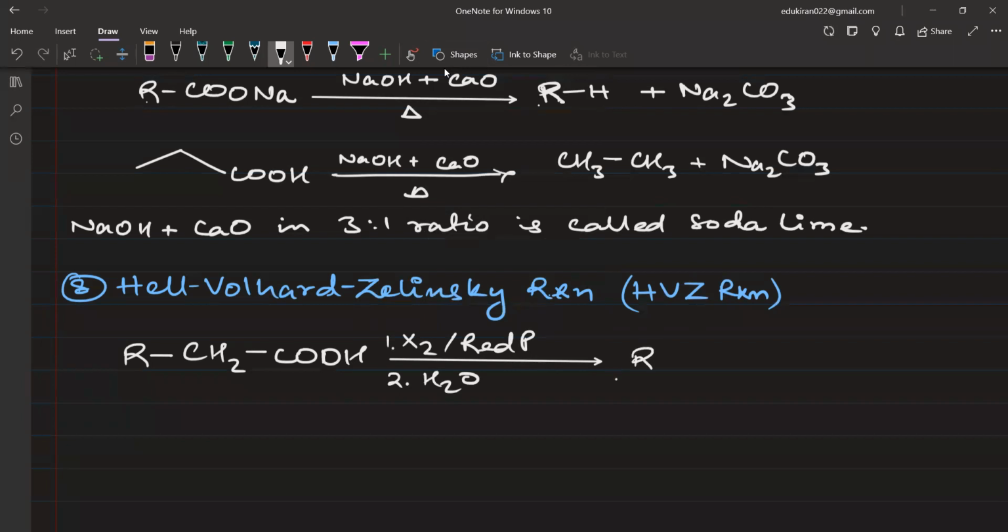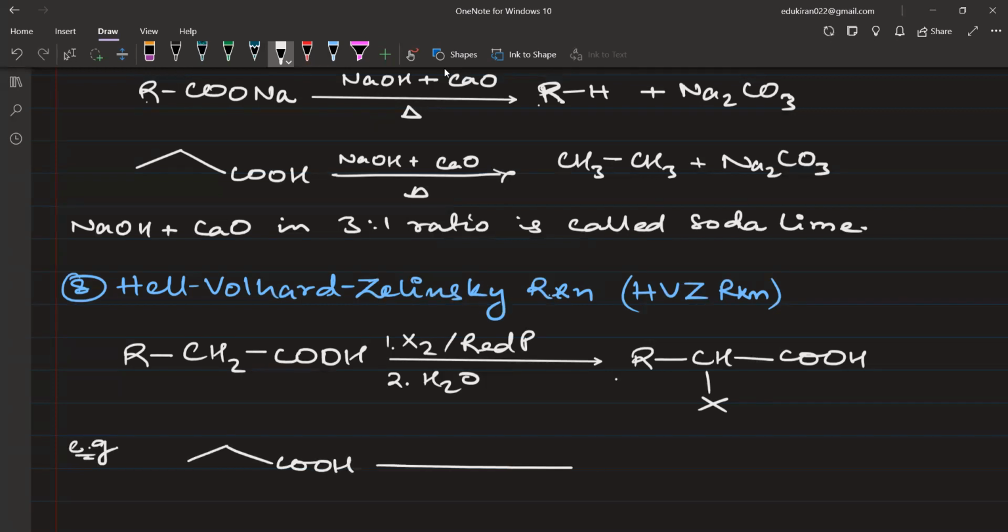You will get R. One hydrogen will be replaced by bromine. Oh, sorry. You can take any halogen, no? Bromine or chlorine, X. So for example, in the presence of Br2 and red phosphorus, secondly, water, everything will be as it is.